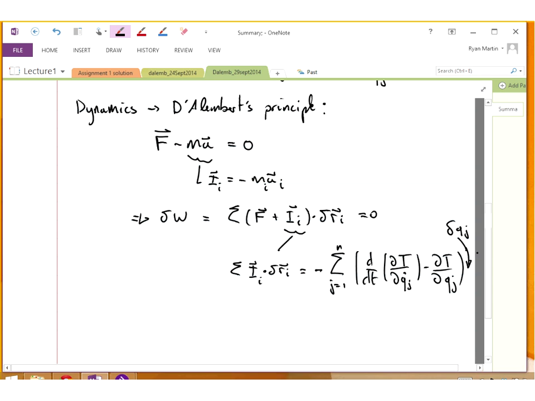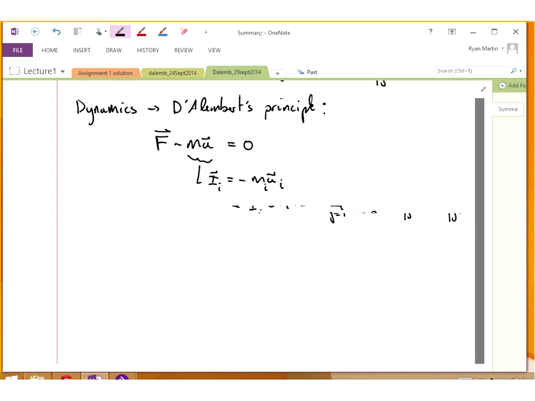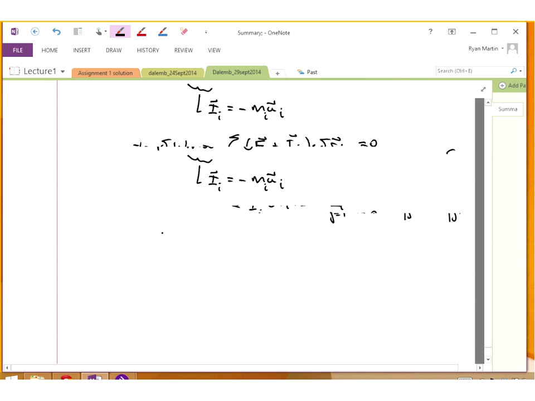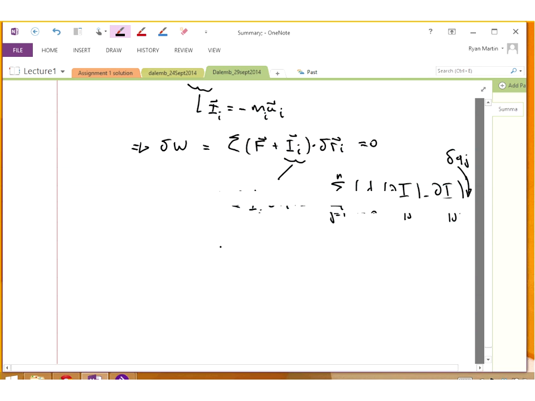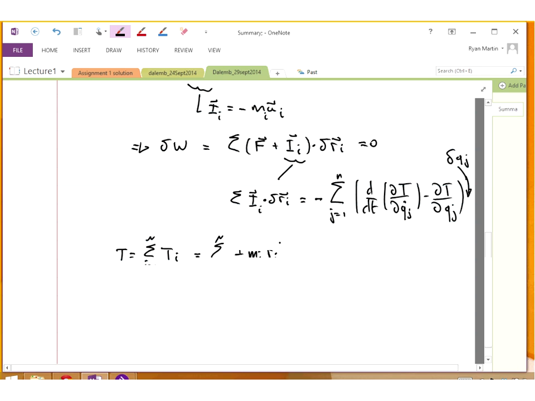Where we introduced this kinetic energy, T, to be the sum now over all the particles from i from 1 to n of T_i, where T_i was a half m_i r_i dot squared.